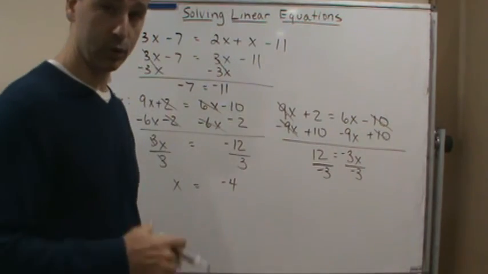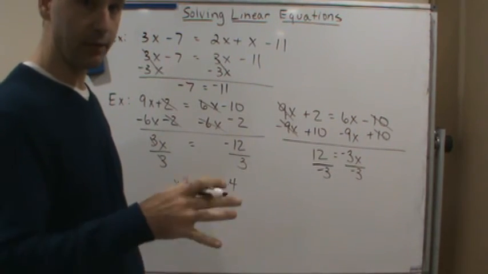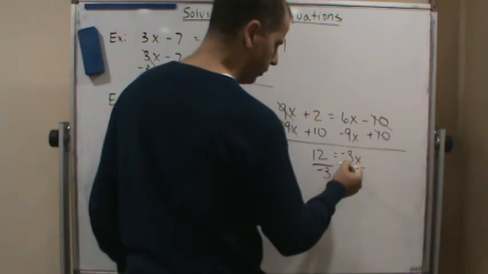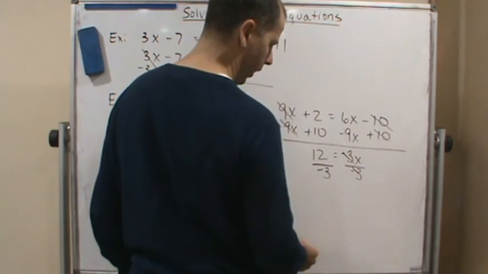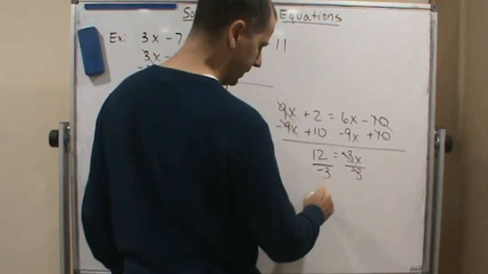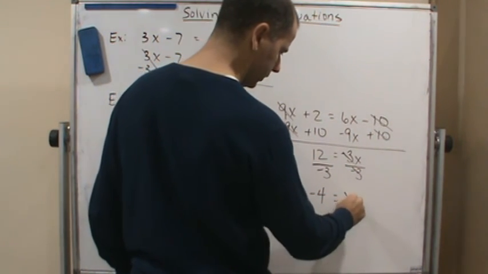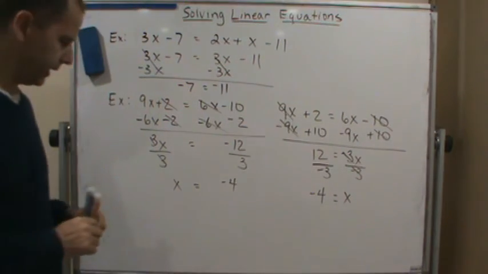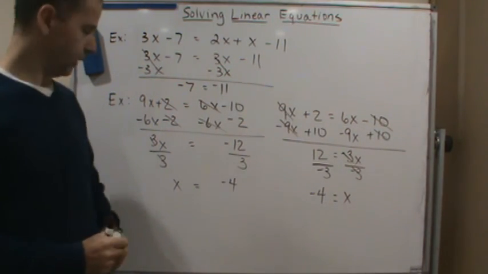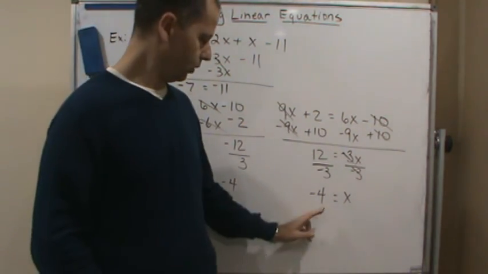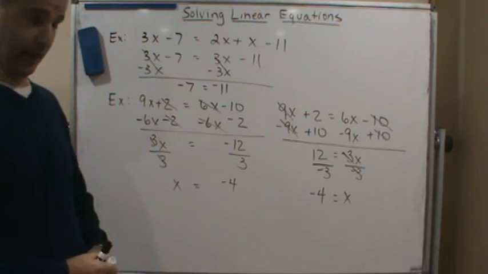Or if you want to multiply both sides by negative 1/3, that's fine too. Okay, so negative 3 divided by negative 3 is 1. And so what do I get? I get 12 divided by negative 3 is negative 4 equals x. So notice I get the same answer. I get x equals negative 4 or negative 4 equals x, same thing.